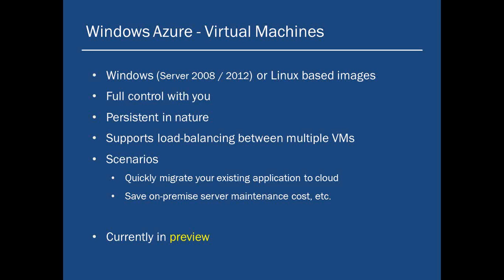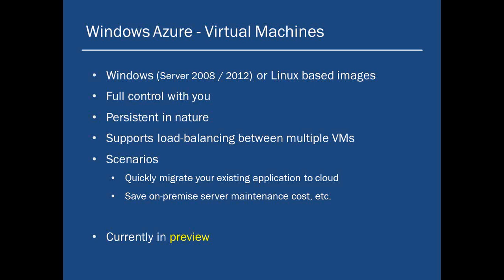So we saw some scenarios where you can use virtual network. Similarly, the top scenario where you may want to choose virtual machines is if you have an existing application running on premise and you want to move it onto the Windows Azure cloud. You have two options.